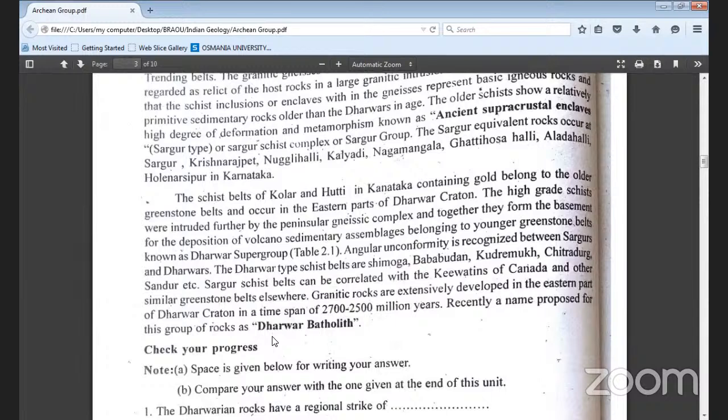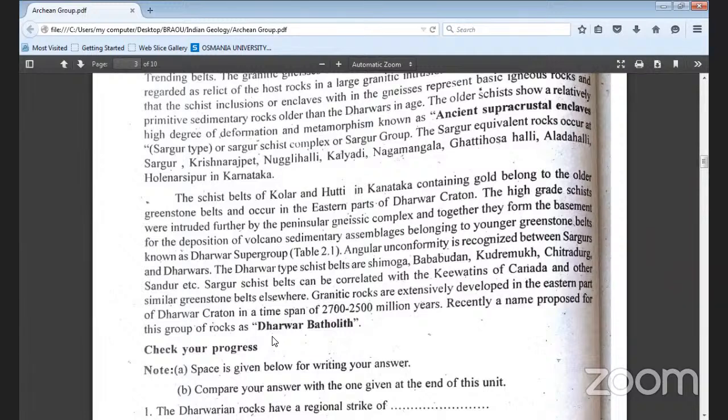The schist belts of Kolar and Hutti in Karnataka contain gold-bearing older greenstone belts and occur in the eastern part of the Dharwad craton.